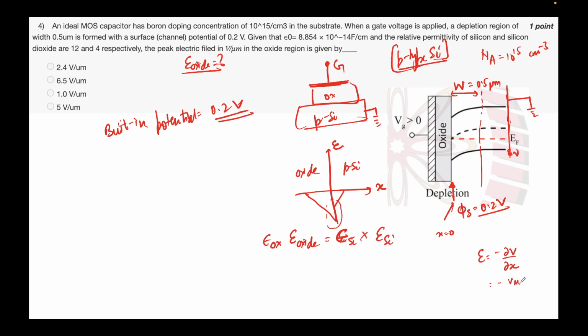V metal minus 0, because this is indeed 0, divided by some negative x minus x metal. Let me call this 0 itself; it will essentially be some negative number. That's all I mean to say. So this will get cancelled, and it will have V metal, which is positive, by x metal, which is also positive. So the electric field will be positive. What I've drawn here is wrong.